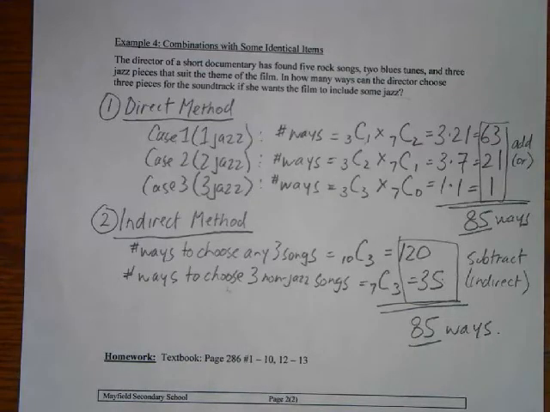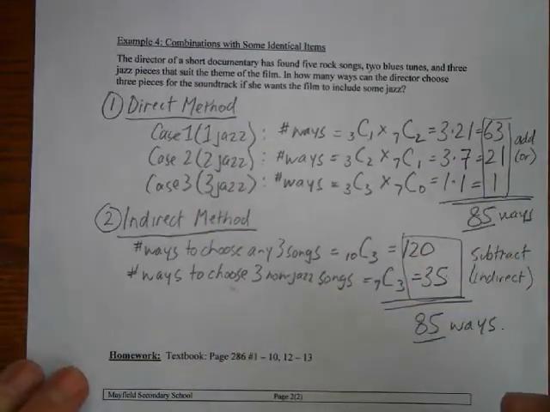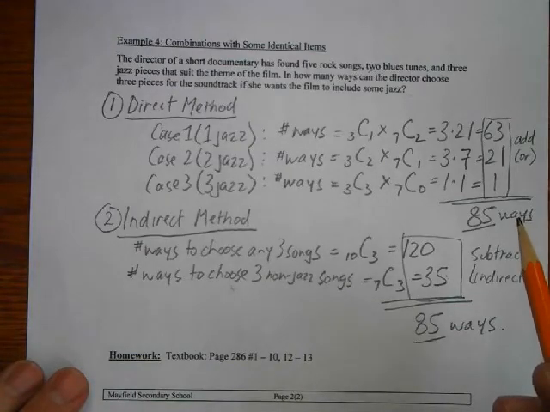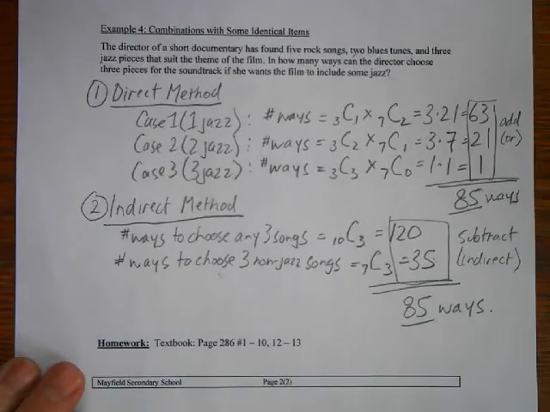Instead of doing 14 calculations using the direct method, maybe you should do 2 calculations using indirect. So it's a choice that you make, and everybody wants to do the choice that requires the least amount of work but gets the correct answer. So this is an example of that.